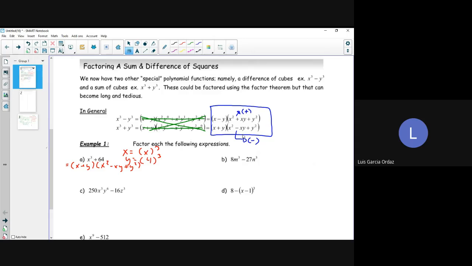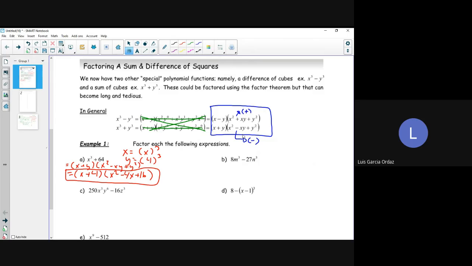So we have x plus 4 times x squared, and then we multiply x and y together, so we get minus 4x, plus 16. All you're using for a sum and difference of cubes is the formulas that we gave you at the beginning prior to these examples.